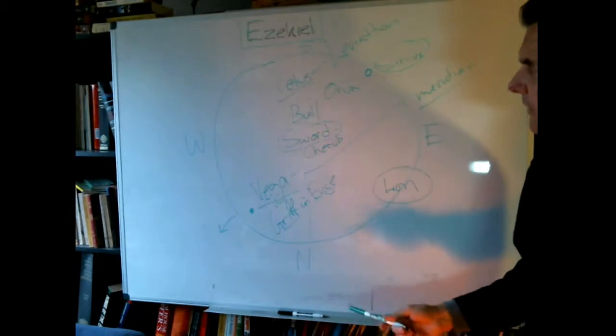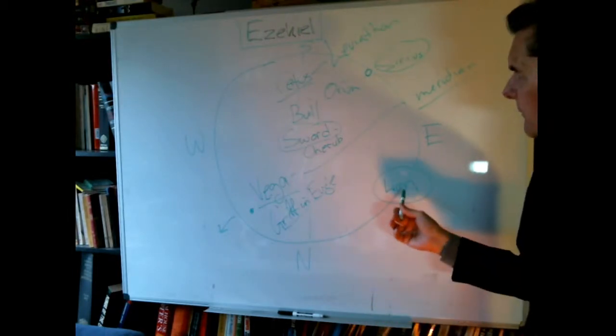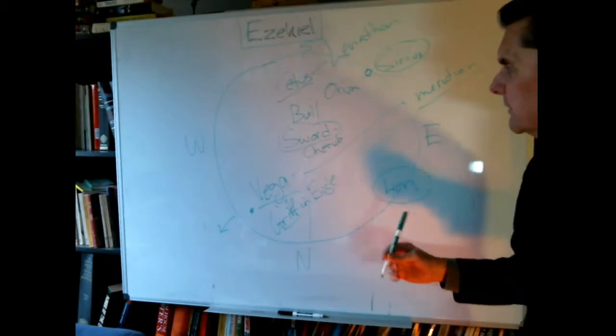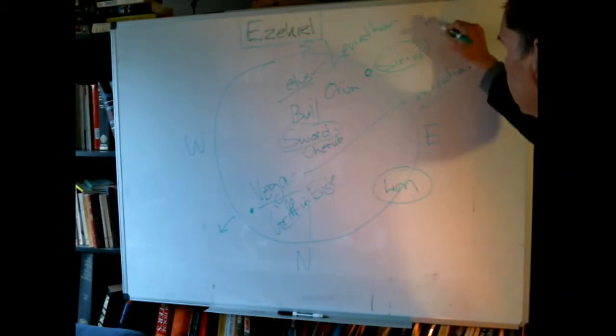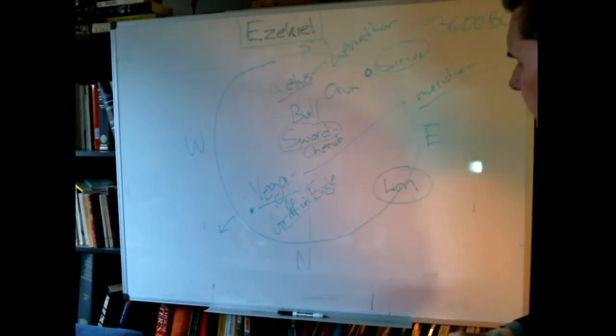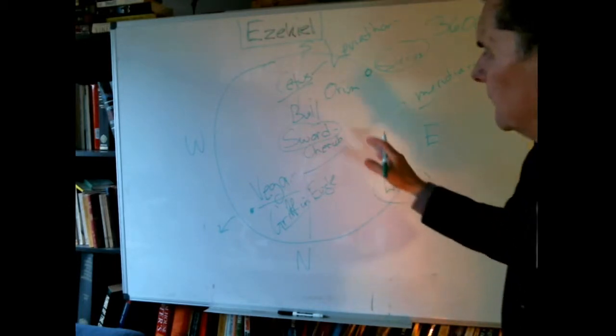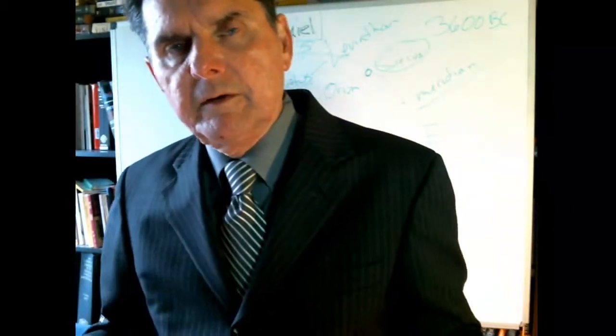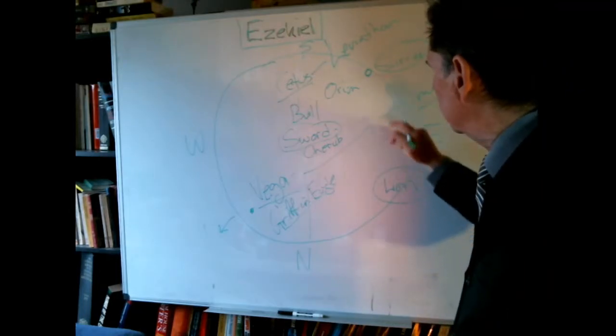So this is the sky as it would look around 3600 BC with the rising of Sirius. Now, at the time that Ezekiel's writing, though, Sirius no longer rises with the lion.